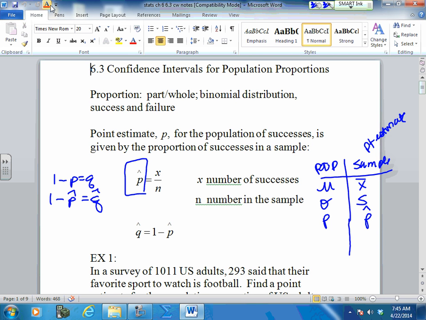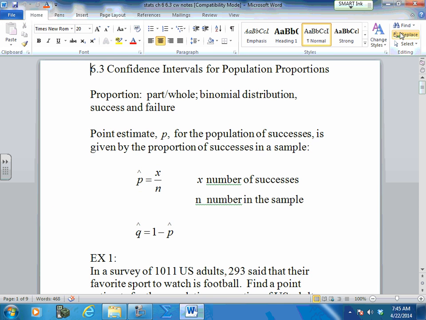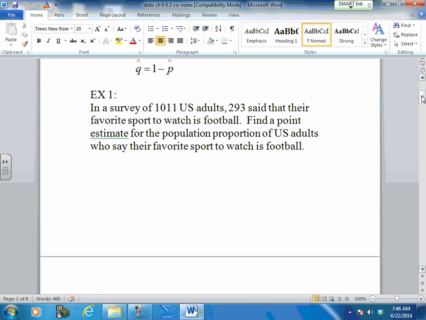Right up your alley. Okay, so if you take a look at this, the first time through, they're just wanting you to find a p-hat. So if you take a look at example 1, in a survey of 1,011 U.S. adults, this is your n, this is how many people you surveyed. Are there more than that adults in the United States? Yes.